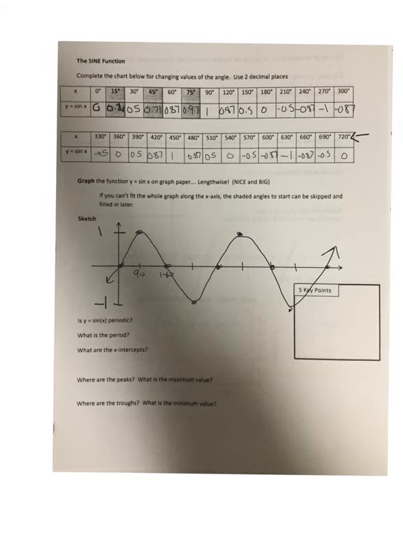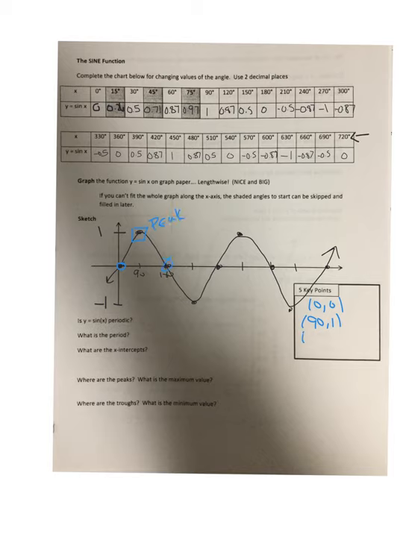So you can see my really rough graph of the sine curve plotted here. The main thing that I really need you to get from this is that there are some key points. Our first point is going to be 0, 0. That's really important, that we recognize that the sine graph starts at 0, 0, or goes through the origin. The next point that we're going to be interested in is this point right here, at 90. Now this is going to be a peak, the highest it's ever going to get.